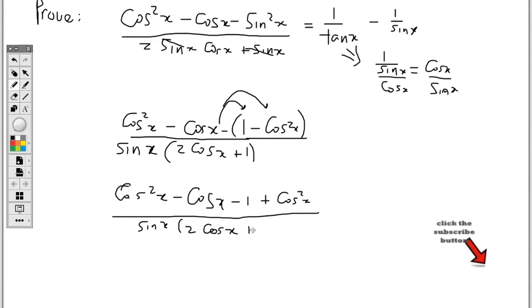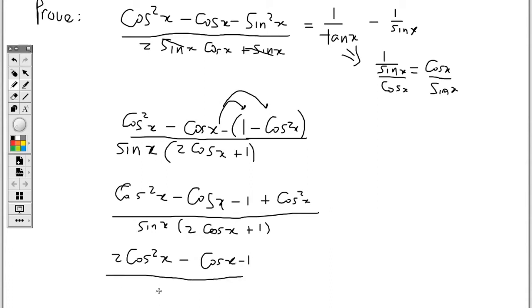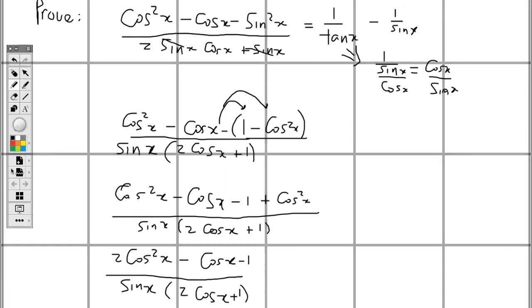Now, in the numerator, I can add cos square x plus cos square x, and that will give me 2 cos square x. And then rewrite the other part, it's minus cos x minus 1. Now, in the numerator, this is a quadratic, but I will be rewriting it in a different form so you can actually see the quadratic.